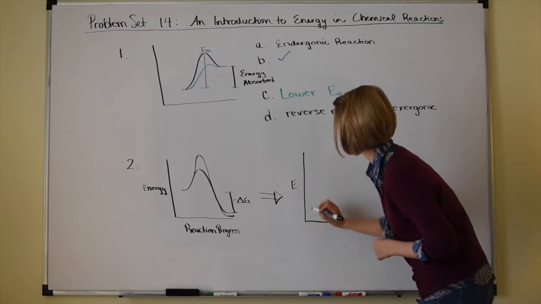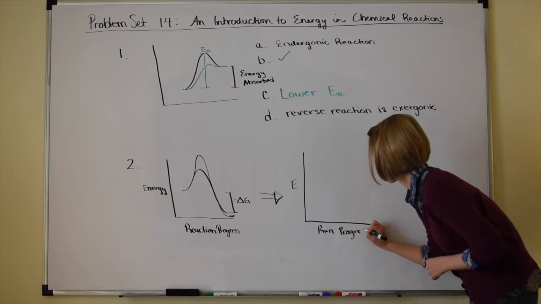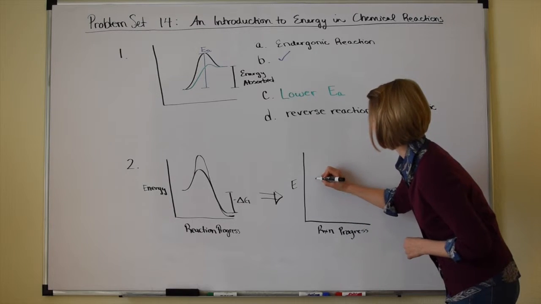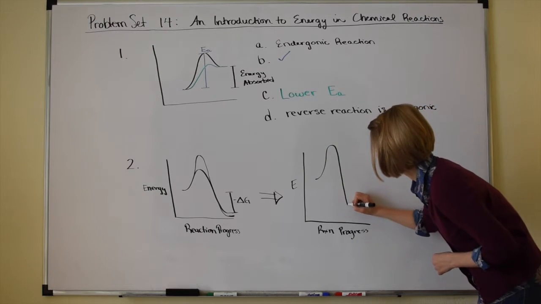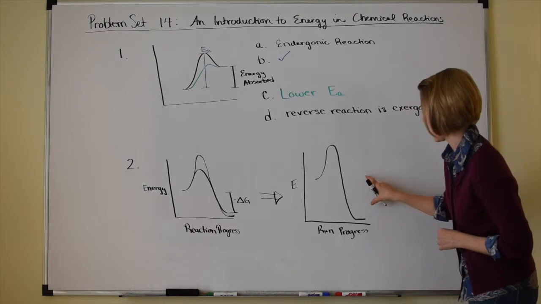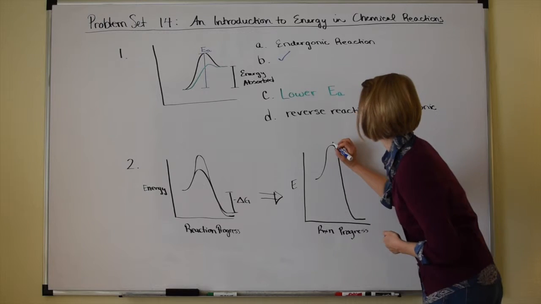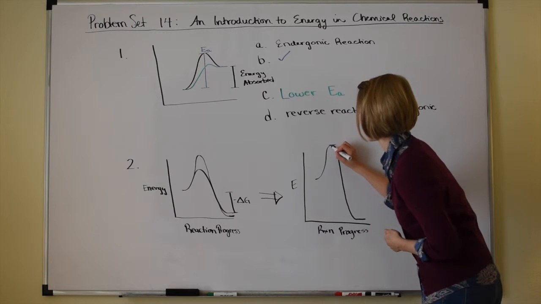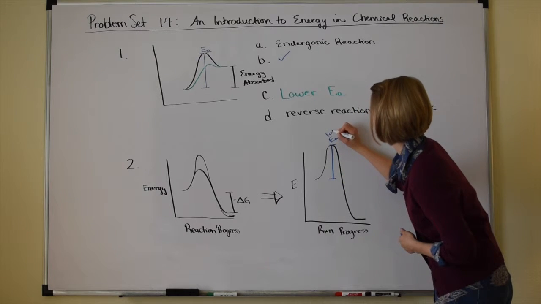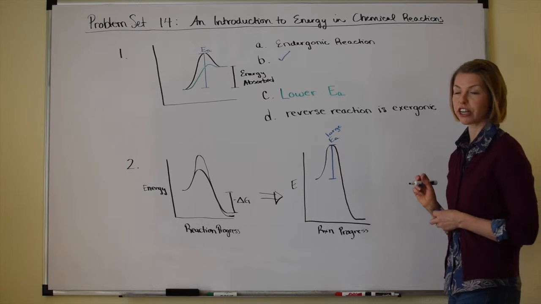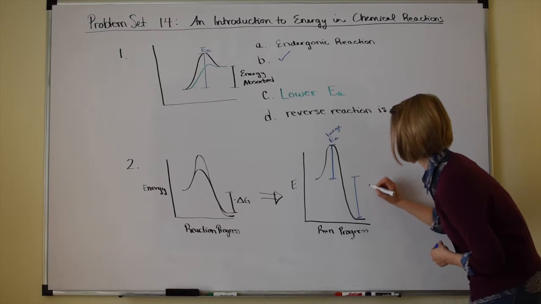All right, E for energy. All right, reaction progress. And we'll go ahead and indicate a large activation energy barrier and a large free energy change, delta G. Okay, so let's go ahead and label those things. We're trying to show that this reaction has a slow rate, so a large activation energy barrier, and we're trying to show a large change in free energy.